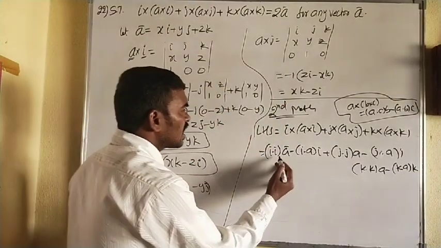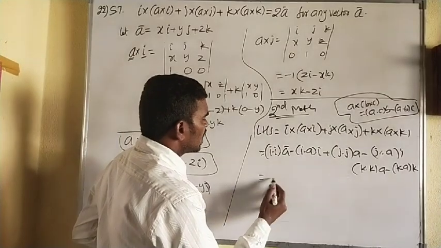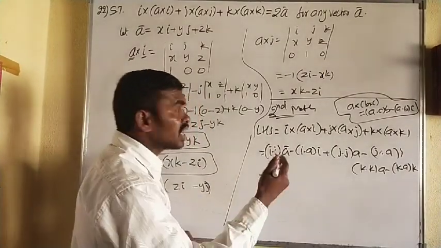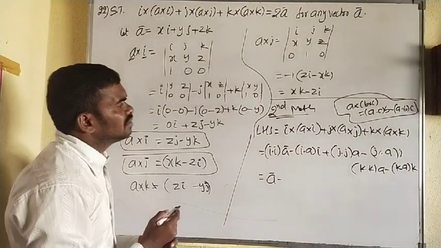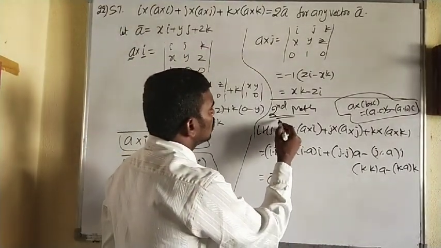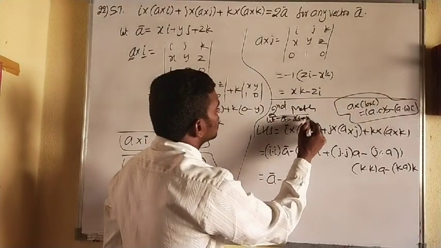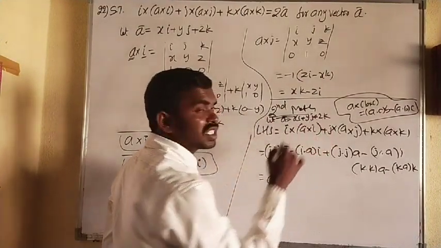I dot I value is 1 definitely. So we get only a bar minus a dot I into I. A means x1i plus y1j plus z1k. So here also let a equal to xi plus yj plus zk, assumed in the second method also.